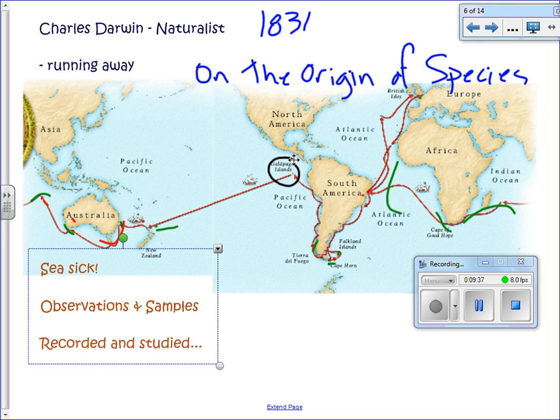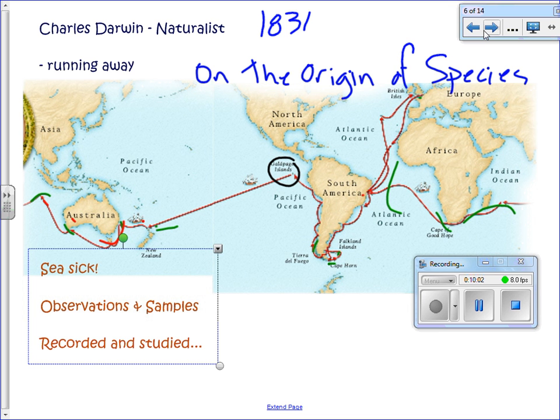Questions about that? In terms of what you need to know, just in general, where he was and what he was doing. So animals, what were some of the animals that Charles Darwin observed? Animals or plants he observed? Let's see, somebody new. Connor. Finches. Finches are little birds. We have finches around here, house finches.